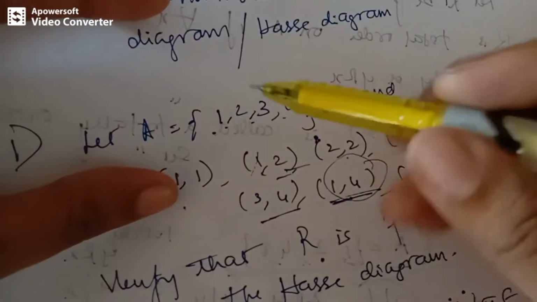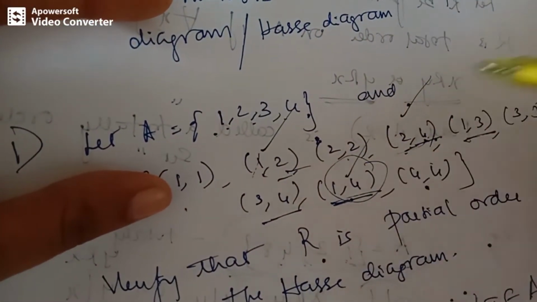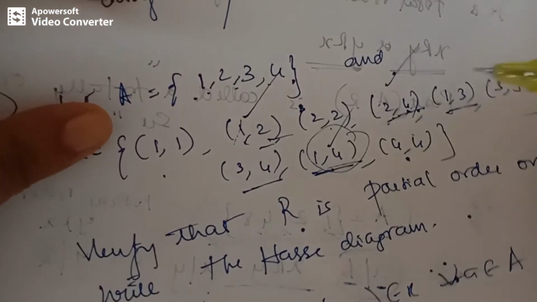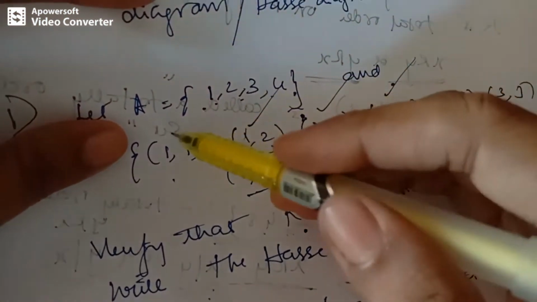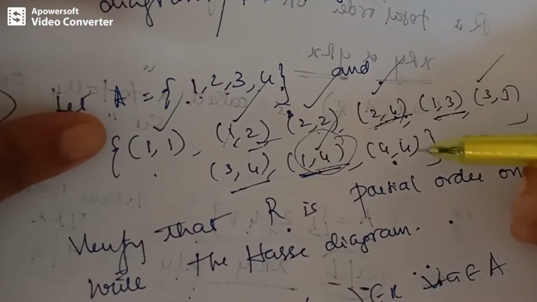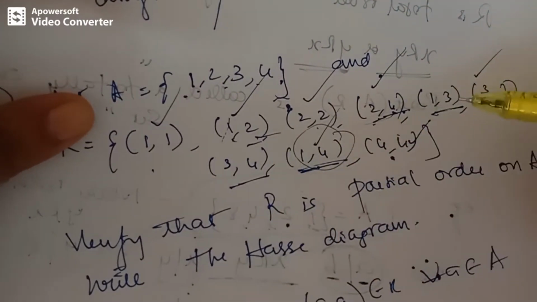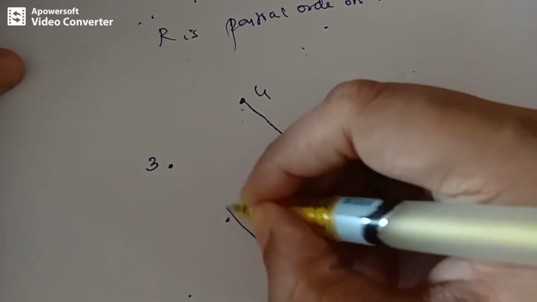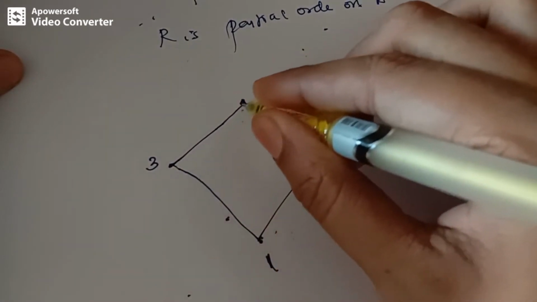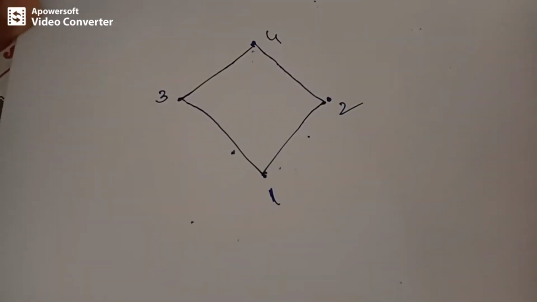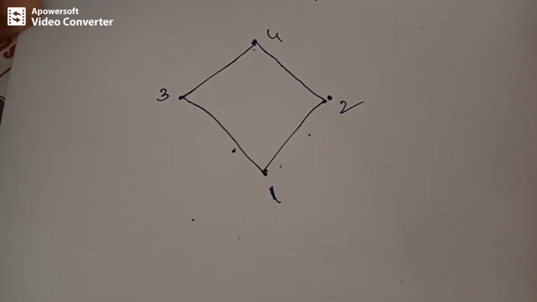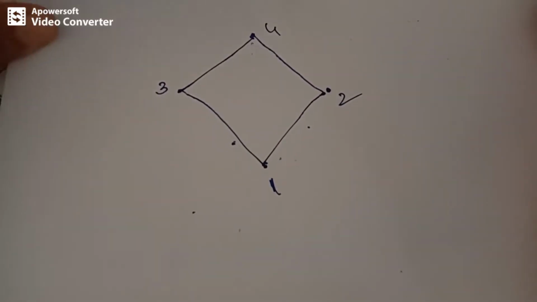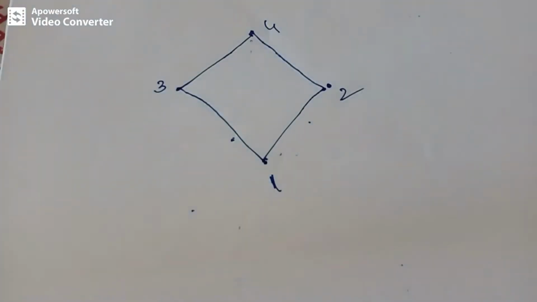So next we have covered these three pairs, right? We have also covered 1, 1, 2, 2, and then 3, 3 and 4, 4. Remaining two pairs are 1, 3 and 3, 4. Right? So this is our Hasse diagram. So I hope this concept is clear to you.